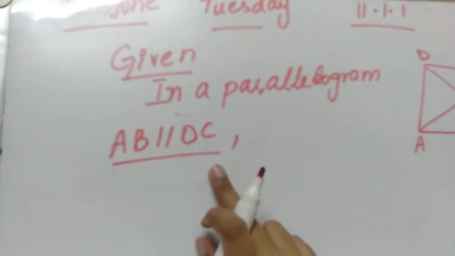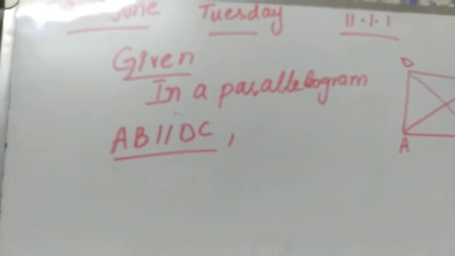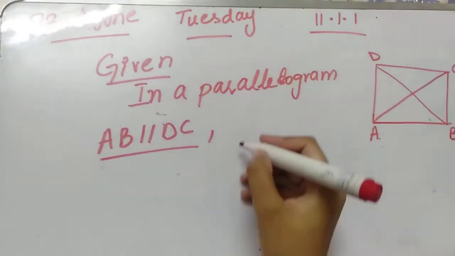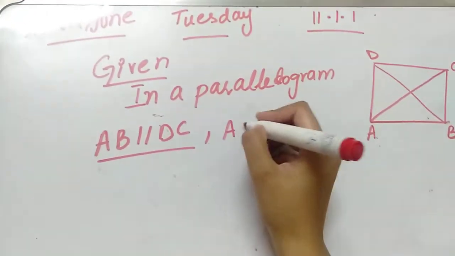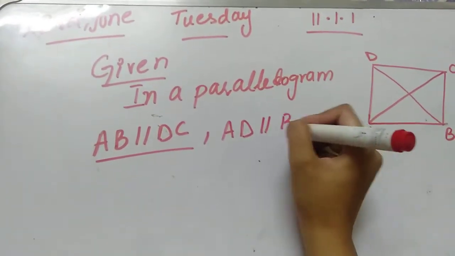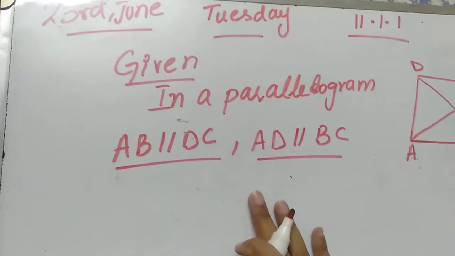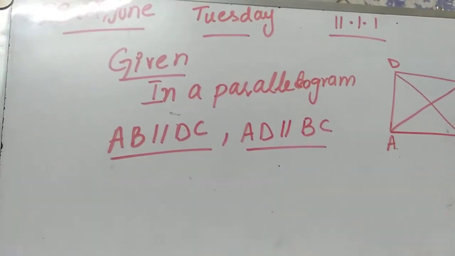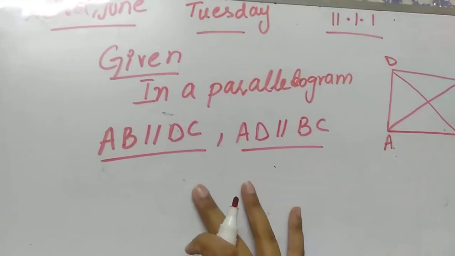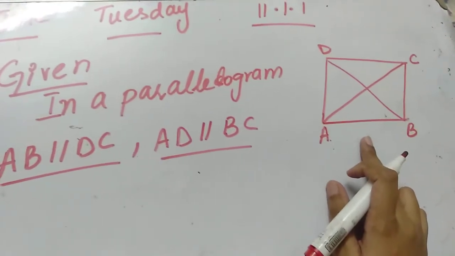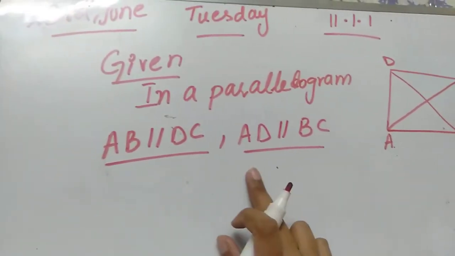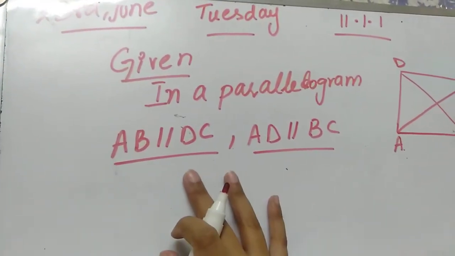How we come to know about this, that AB side is parallel to DC side and AD side is parallel to BC side, because this is the property of a parallelogram that whenever we have a parallelogram, the opposite sides should be parallel. So this is the known property of a parallelogram.